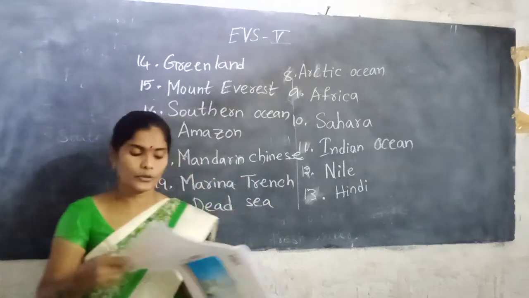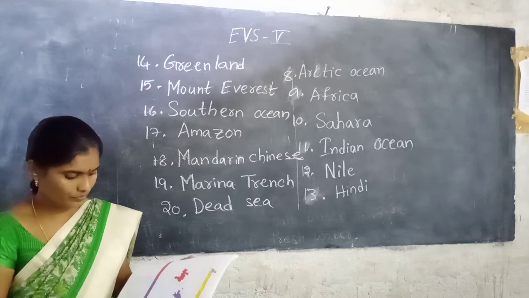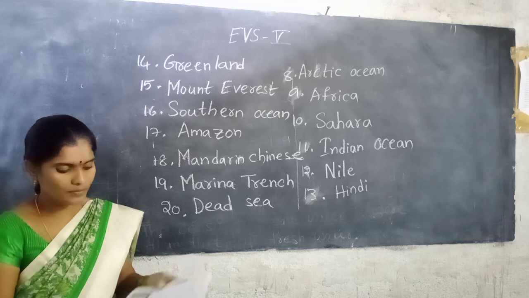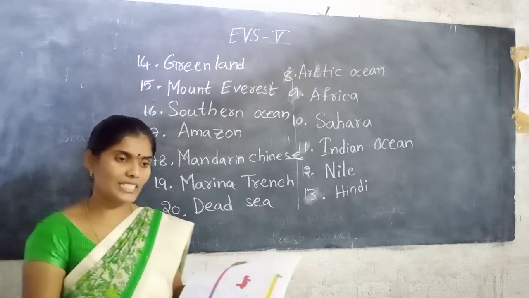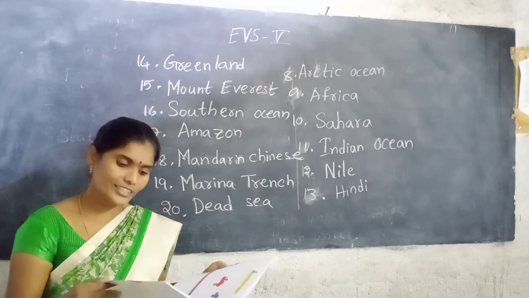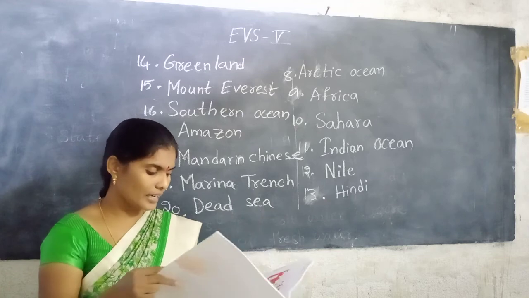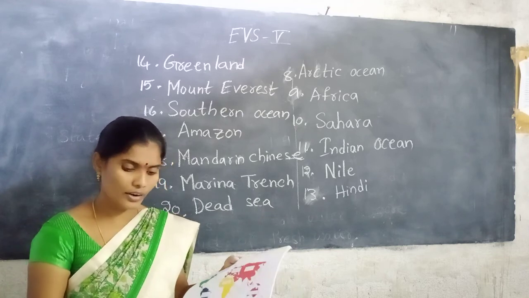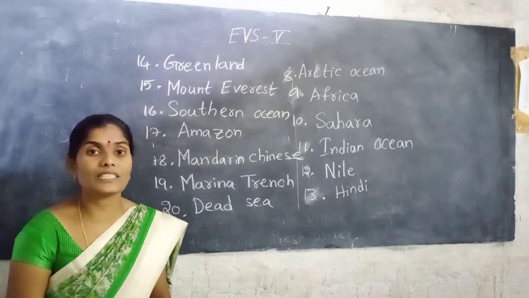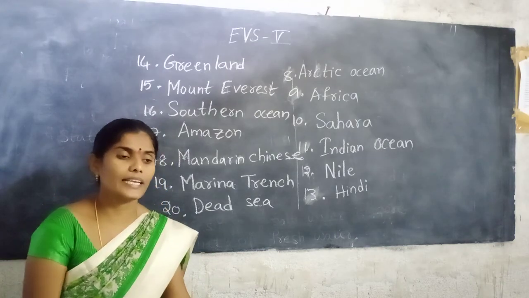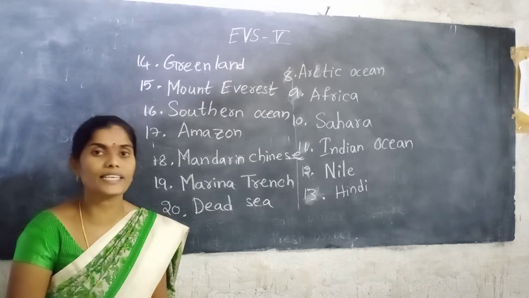Okay. Today's class is completed. Today I am giving homework to you. Your homework is to complete pages 23, 24, and 25. In pages 23 and 24, the India map is given, and oceans and continents are given.